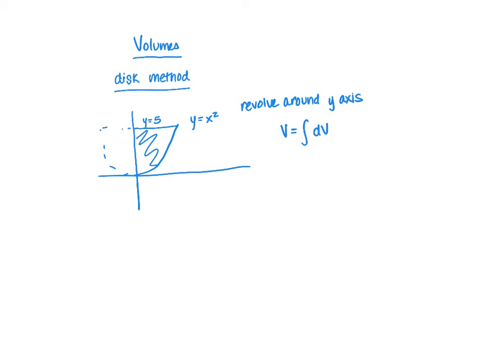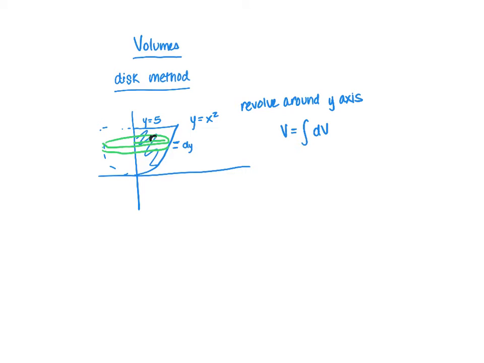And this time, when we're thinking about the disc, it's going to look like this, and it has some height to it, and it has some radius. The thickness of this is in the y direction, so it's dy.